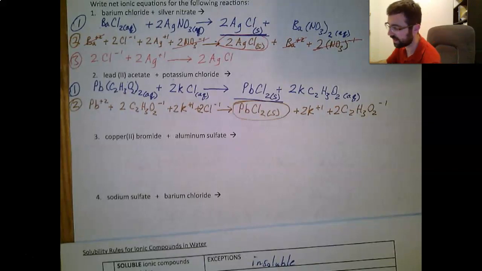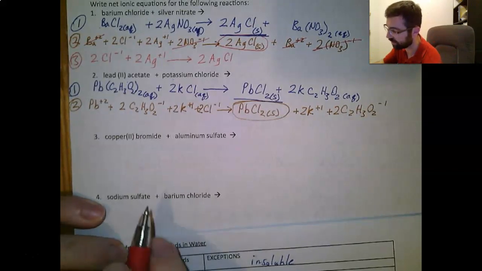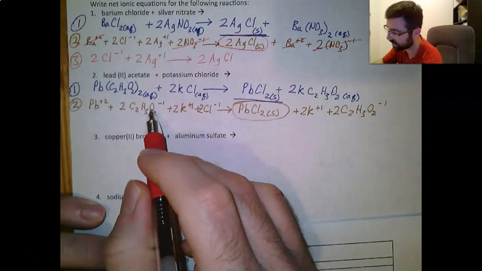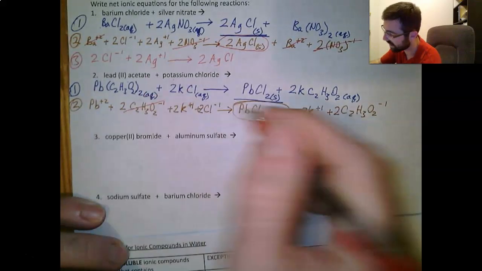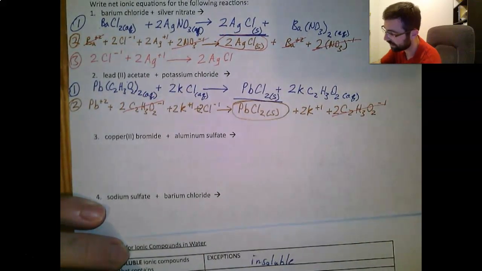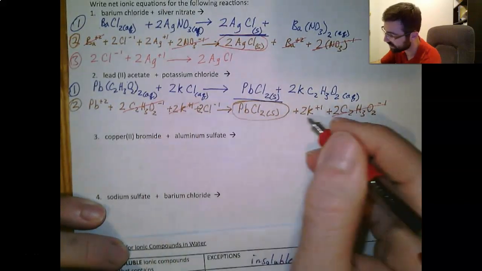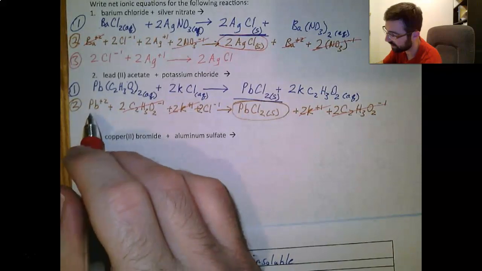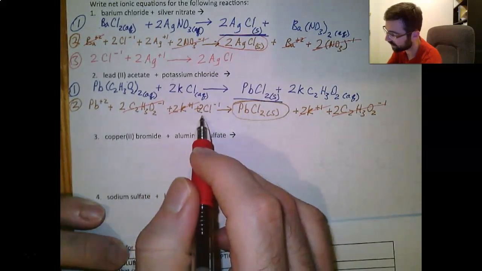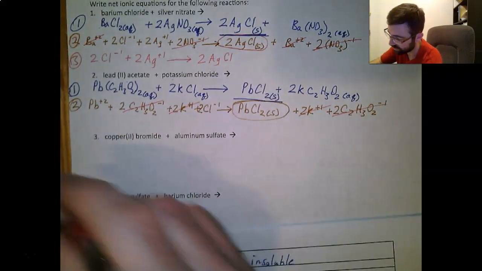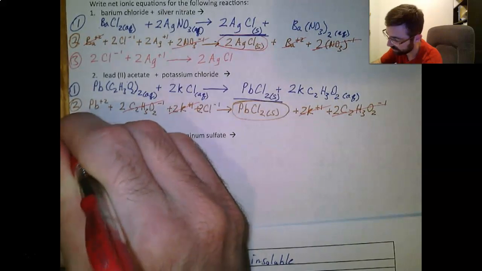All right, now I want to cancel everything out. We said 2C2H3O2 with a -1 charge. I see that on both sides. I cancel it out. 2K plus 1, 2K plus 1. Cancel those out. But then I'm left with lead and chlorine forming lead chloride. So let's write that out. What would that look like?